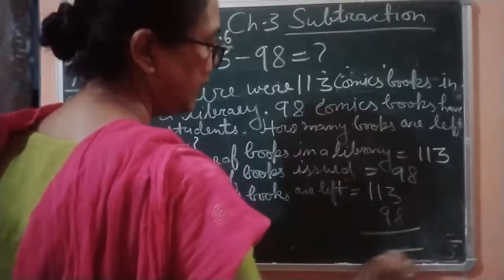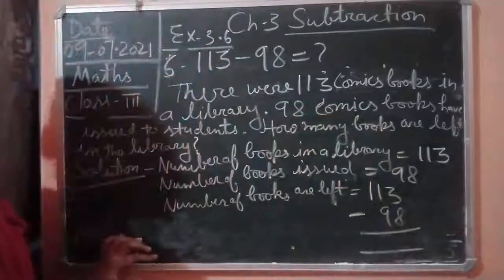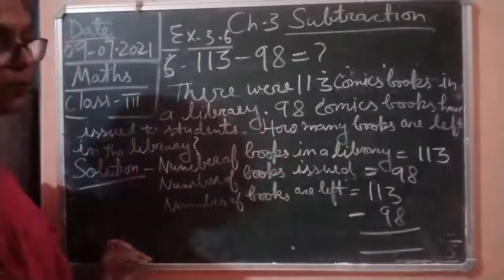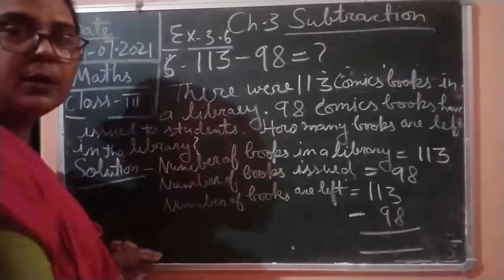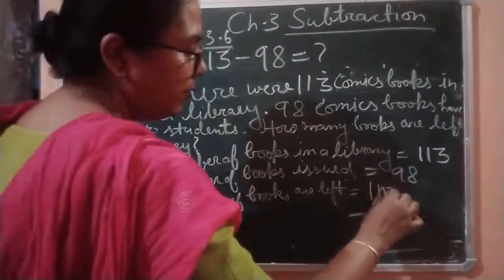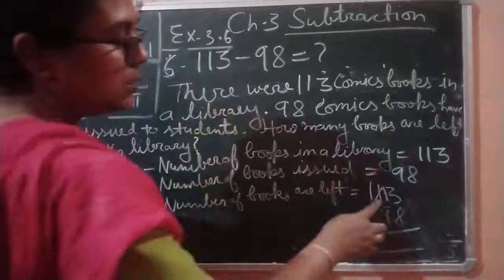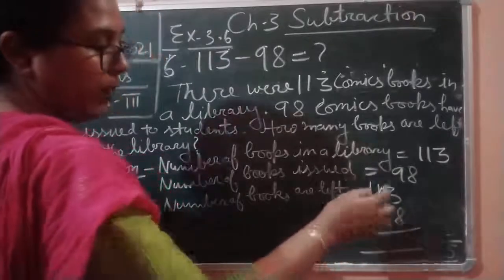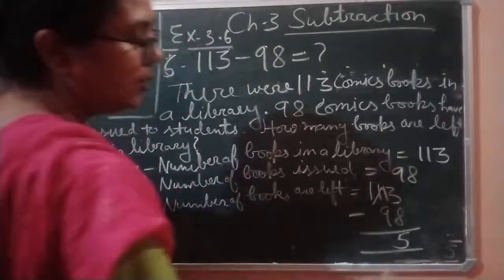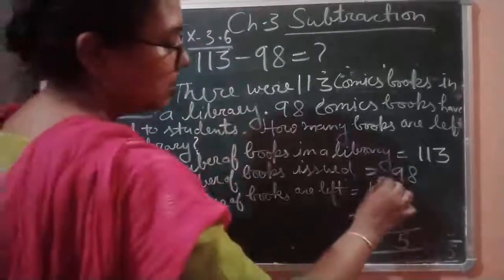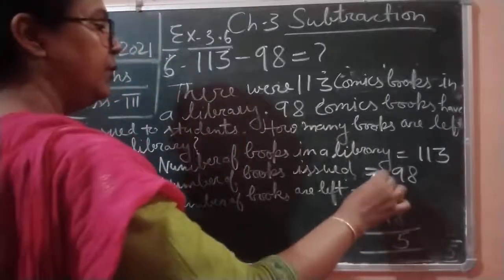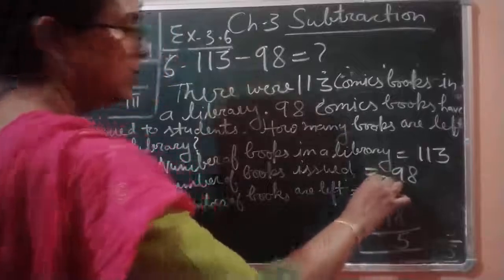So what we will get, children, let's start the subtraction. So here, because 3 is there, it is quite a small number, so we will ask help from 1. 1 will give 1, because 110 is there, so it will give 1. So it will become 13. 13 minus 8, we will get 5. Now here, because 0 was left, it will ask help from 100, so it will give.